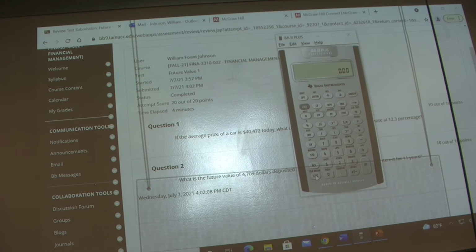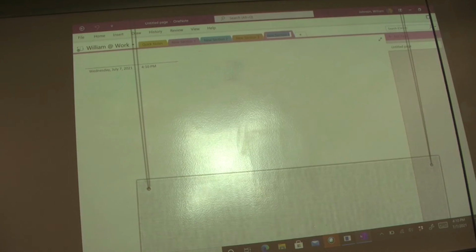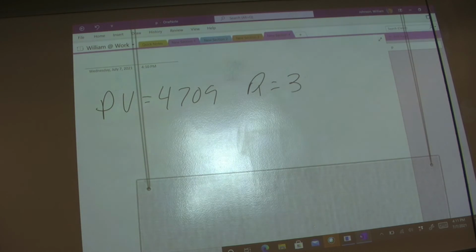So let's take a look at the second question, and let's do it the formula way. What is the future value of... we're given the present value equals 4709, our rate equals 3.25, and our n equals 11.